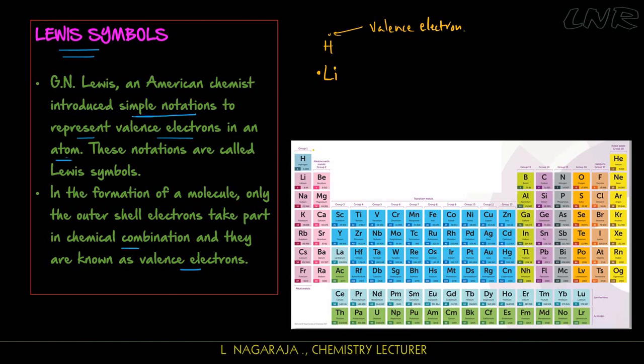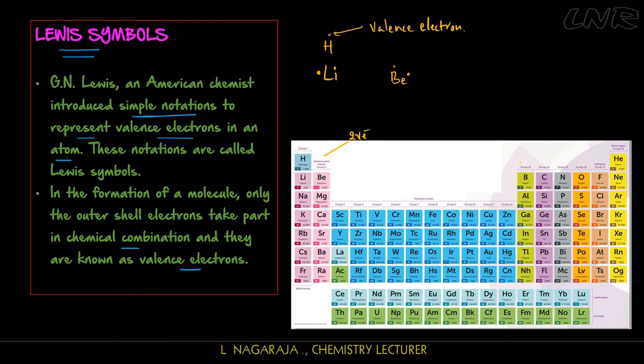Like that, second group elements contain 2 valence electrons. So the 2 valence electrons are represented by writing 2 dots. The 2 dots indicate the presence of 2 valence electrons.